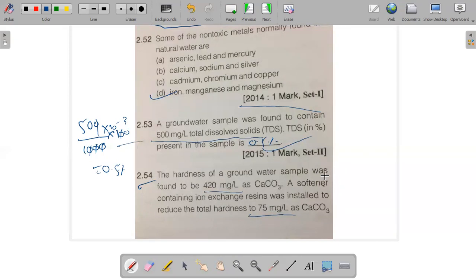In that video I discussed that for this question you can follow the long process which I earlier discussed, or you can follow the shortest way, which is basic common sense, and you get the answer. The hardness of the groundwater sample is found to be 420 milligram per liter as CaCO3, and after mixing a softener you get 75 milligram per liter.